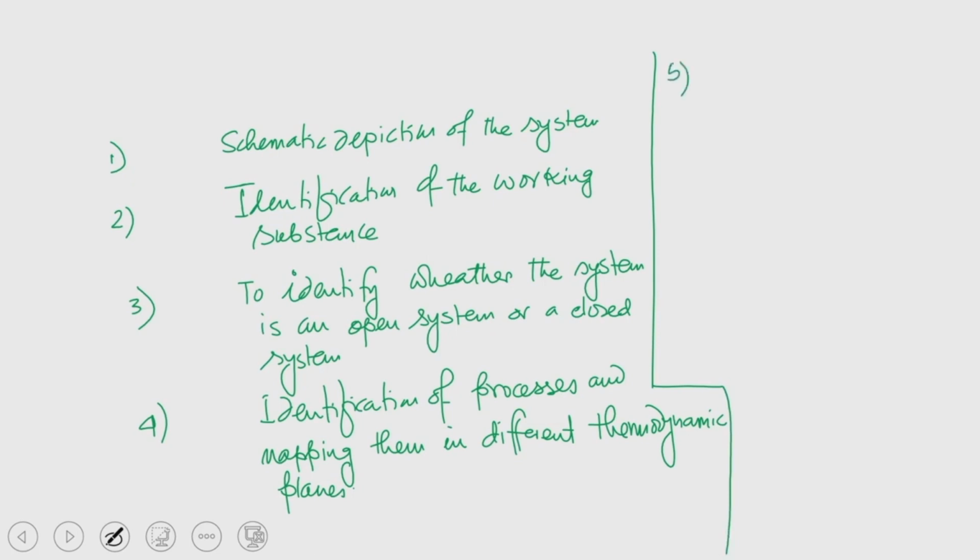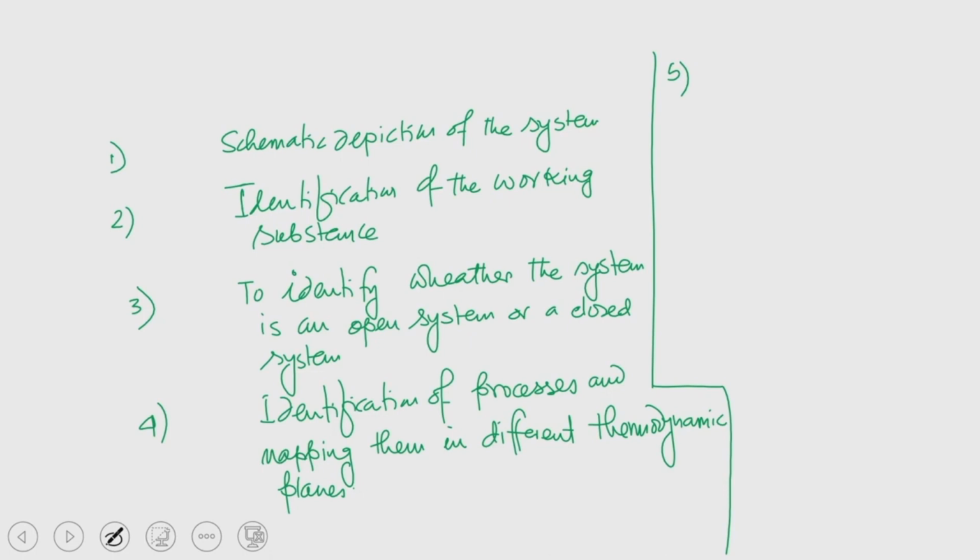Number 5, what is next? We should identify the processes and then immediately map those processes in different thermodynamic planes. What are the different thermodynamic planes? It may be PV, it may be TS, it may be HS, it may be TV. Depending on the system, we have to map those processes in different thermodynamic planes. Next, we have to identify if any property is remaining constant or not.